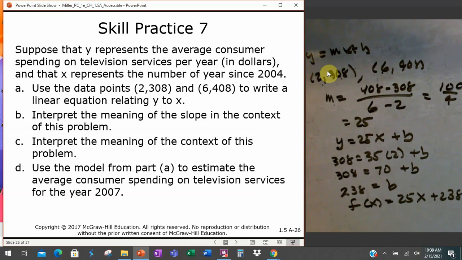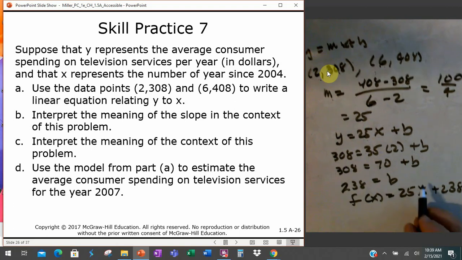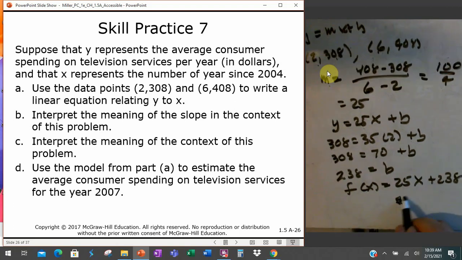Interpret the meaning of the slope in the context of this problem. So this would be that the consumer spending has increased on average, in dollars, by $25 for every year. A $25 increase per year.